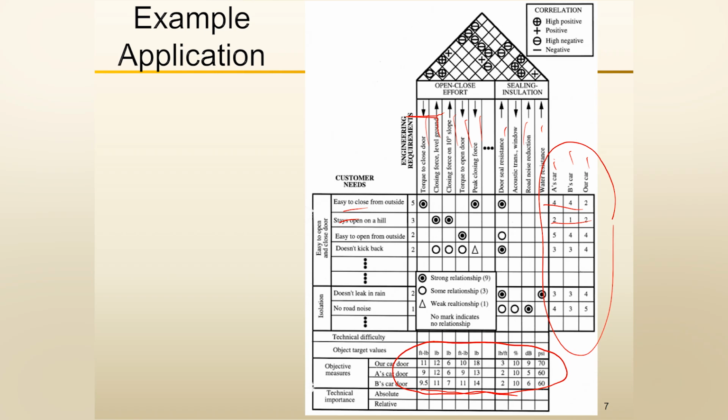And this will be used later on, we'll see, to set the objective target values, which are the target values you're going to shoot for in your redesign. So that this information plus the qualitative benchmarking gives you, as I said earlier, a rational basis for setting the target values.